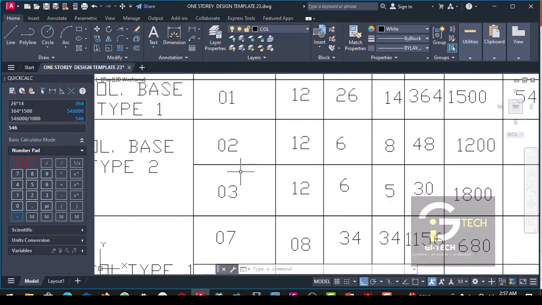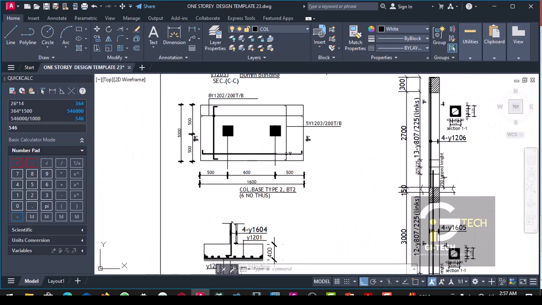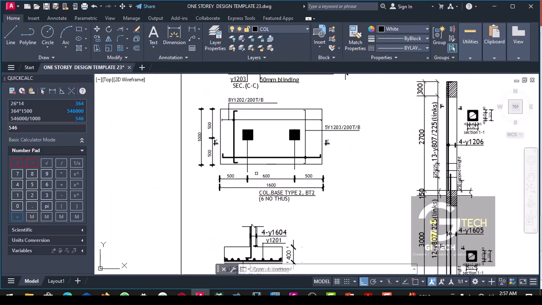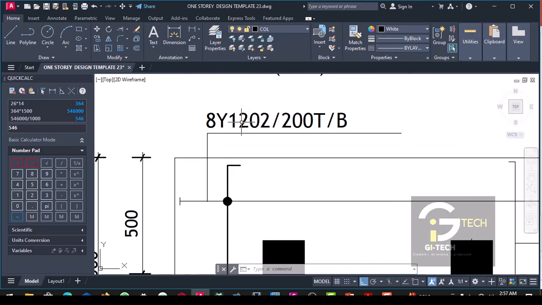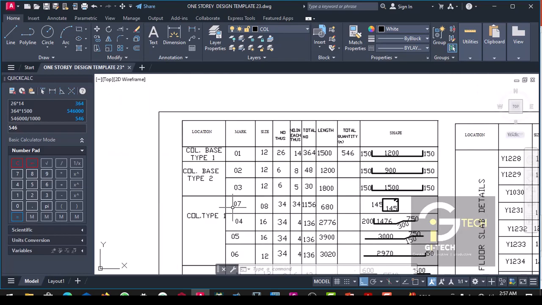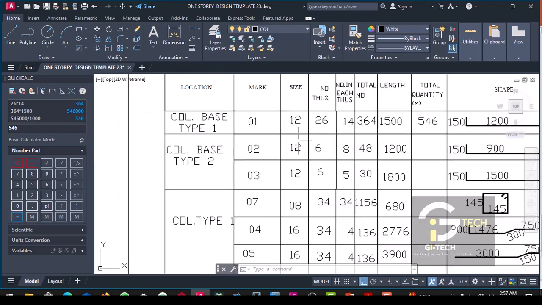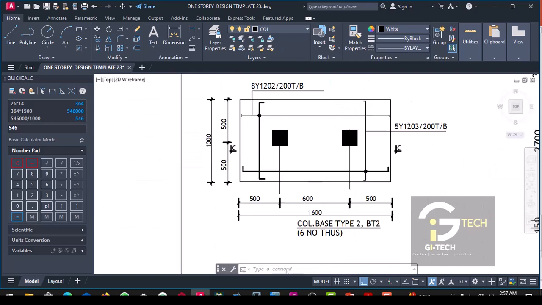So the bar mark here is O2. So let's look at O2. These are O2. The O2 has a diameter of 12 mm.